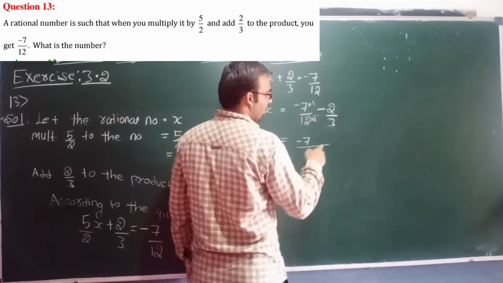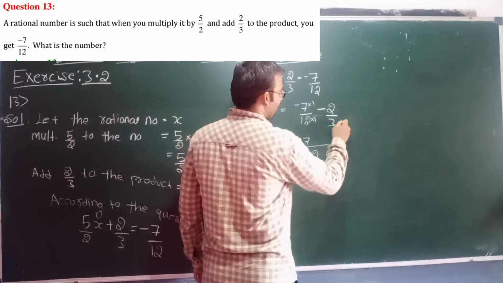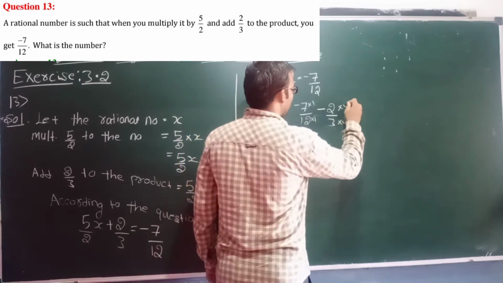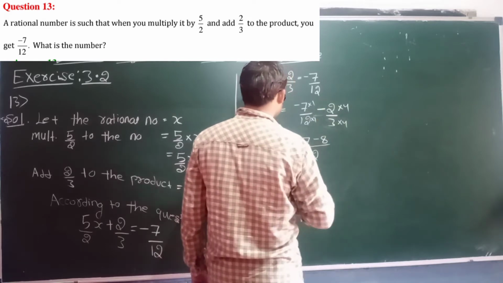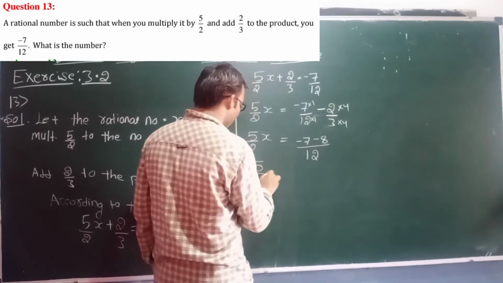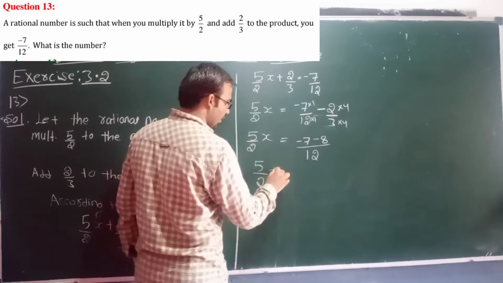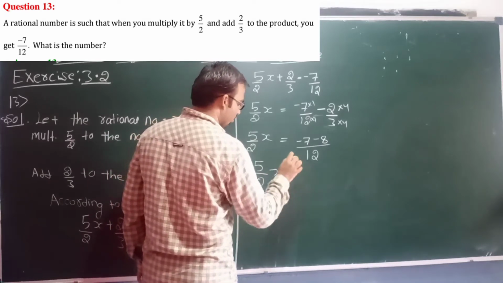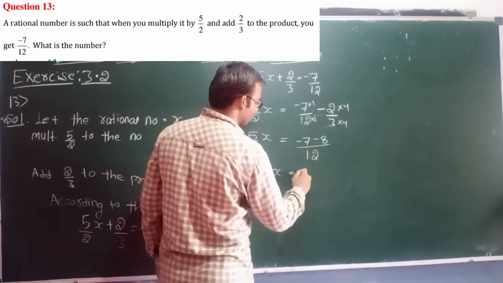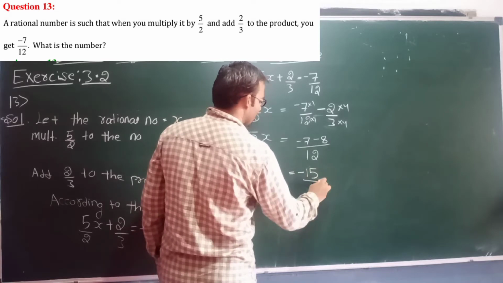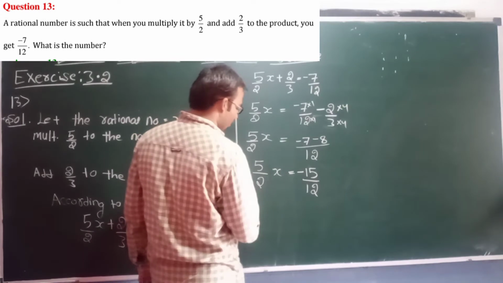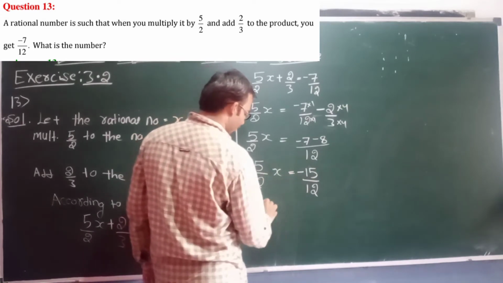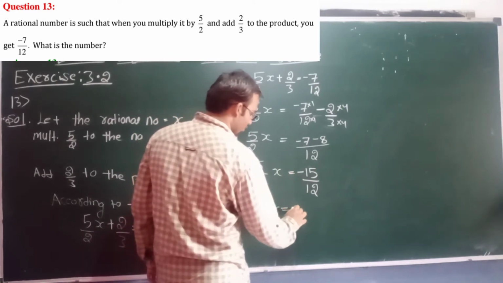As LCM is 12, denominator is 3 here, so we need to multiply 4, that is 3 4s are 12. Okay, so minus 2 into 4 is what? Minus 8. So now 5 by 2x equals minus 7 minus 8 is what, students? Minus 15 by 12.